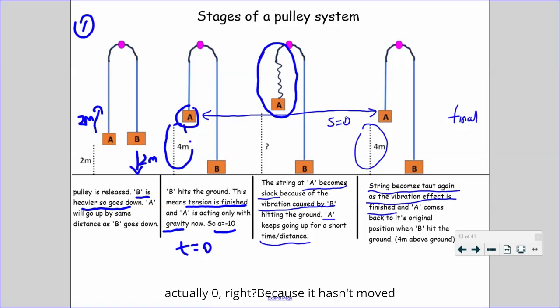Because it hasn't moved up or down in position. So if a question says, how long does it take for A to go from being taut and being taut again, then you can use S equals 0, right? Now we'll come back to that in future questions.